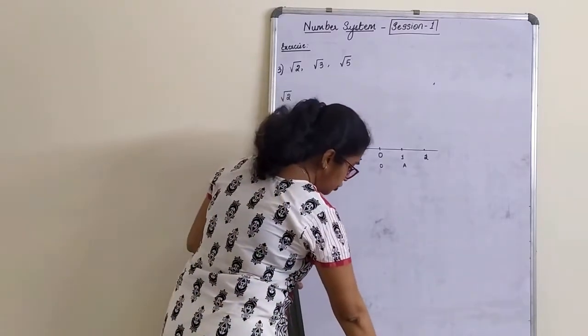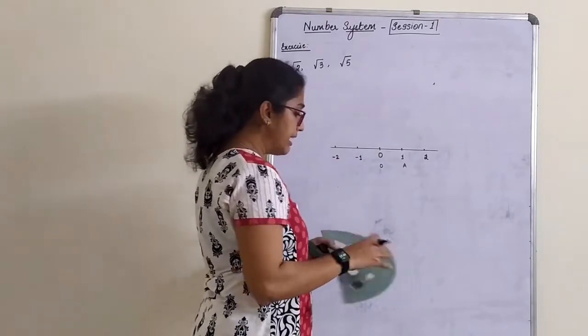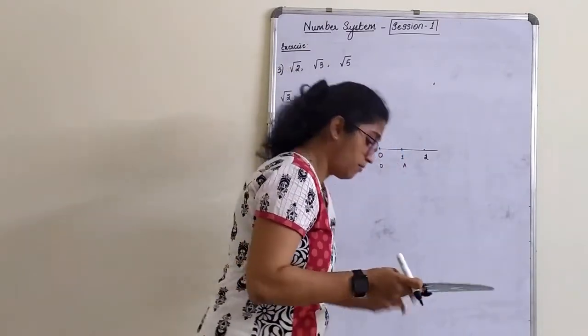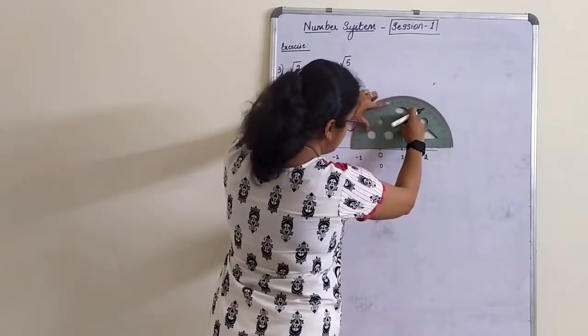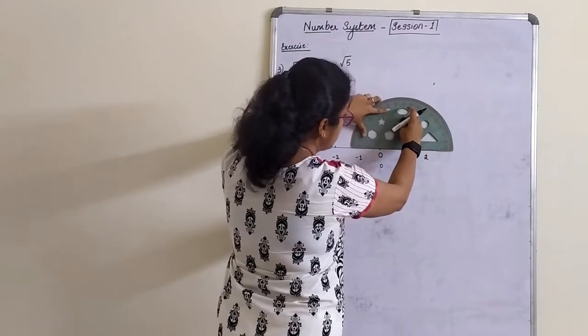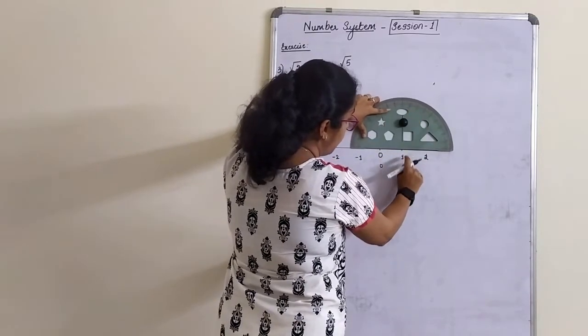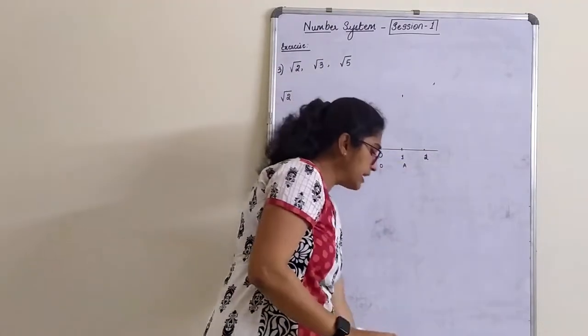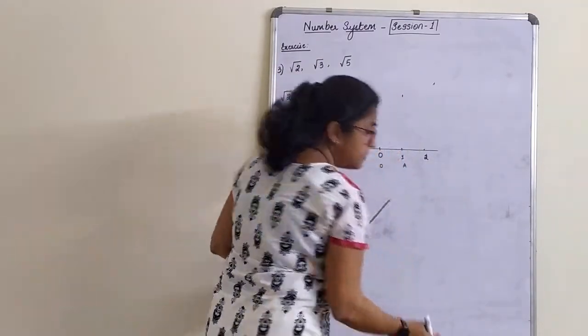Then what we have to do next is take a protractor. Keep it on the point. See, a protractor has a point here. That point has to coincide with this A point. Mark for 90 degrees, because with a scale sometimes when you hold it, it might go a bit slant.